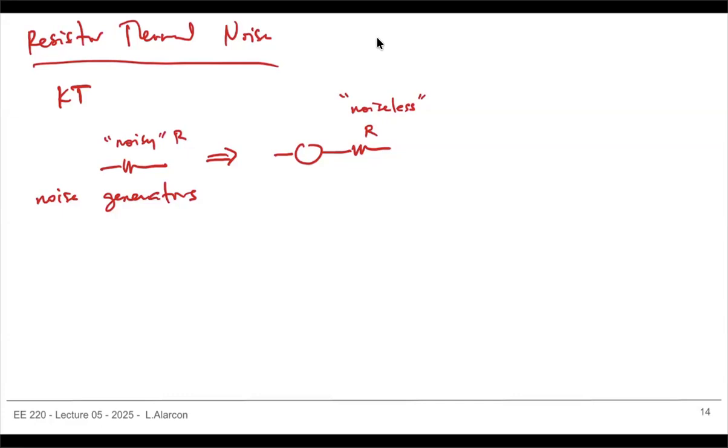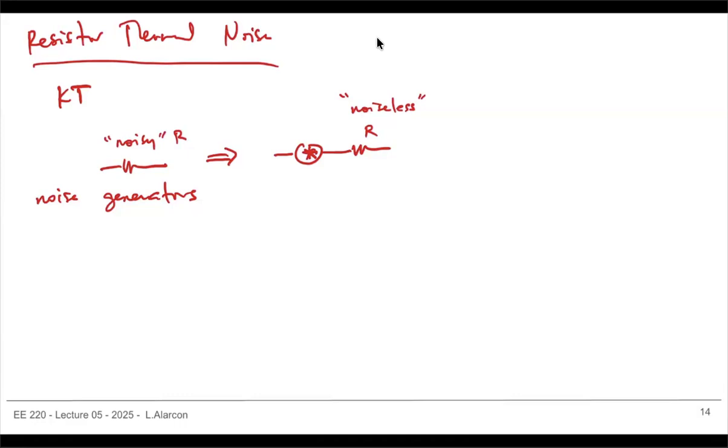So to differentiate the voltages for noise and normal voltages, we use this notation. This just means it's a noise generator, and we'll see that the way we write out noise generators has weird symbols, but we'll talk about that.